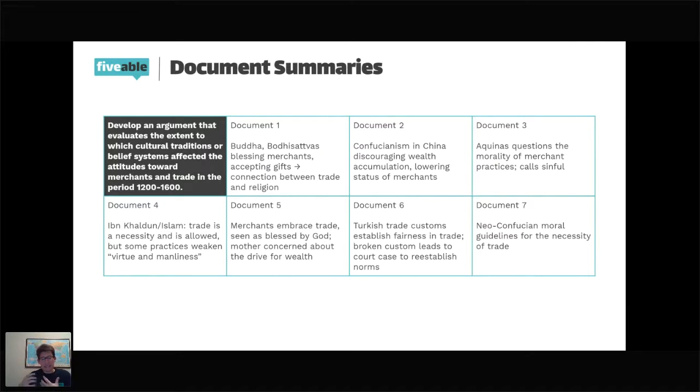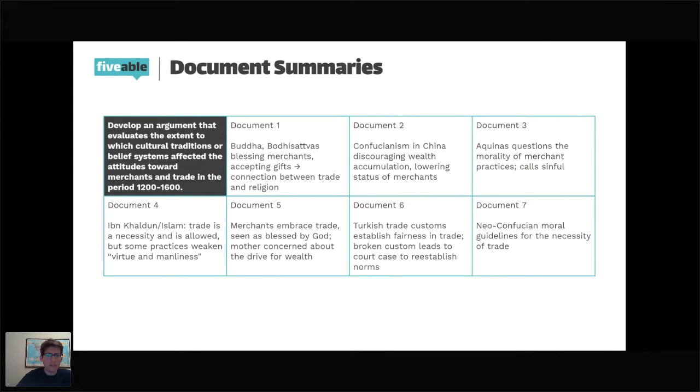But yeah, he says it's altogether sinful to have recourse to deceit in order to sell a thing. So he's equating the practices of merchants in trade with deceitfulness and immorality, which fits closer with document 2 than document 1. So already maybe we're getting a couple of different piles here.